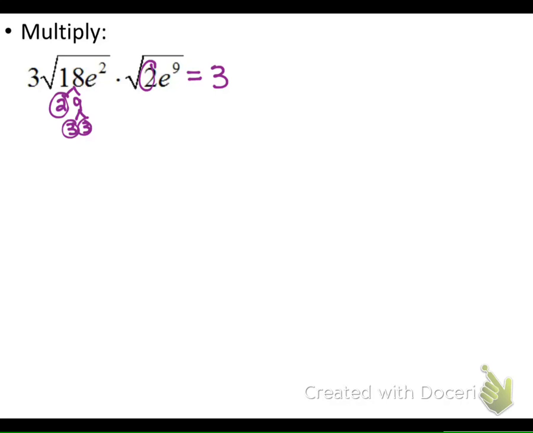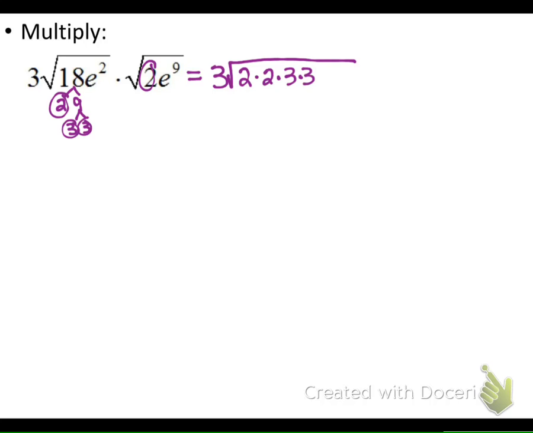Now with all these factors, what do I do with them? One square root sign for multiplication. So the factors I'm going to put under there are what? 2 times 2 times 3 times 3.